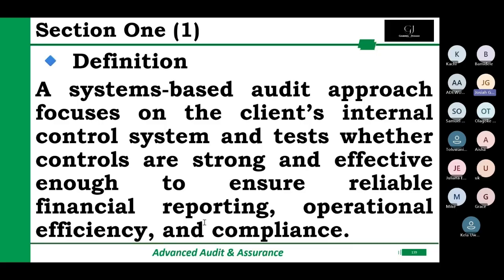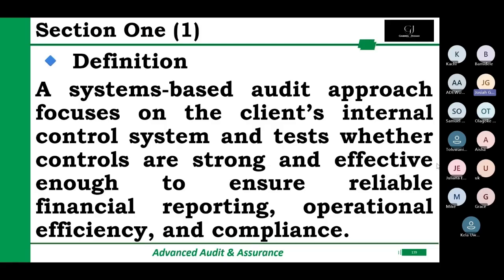They are policies, procedures, and activities, some of us know them as SOPs, put in place by the organization and management to ensure that, number 1, operations are effective and efficient. Number 2, financial statements or reporting is accurate and reliable.